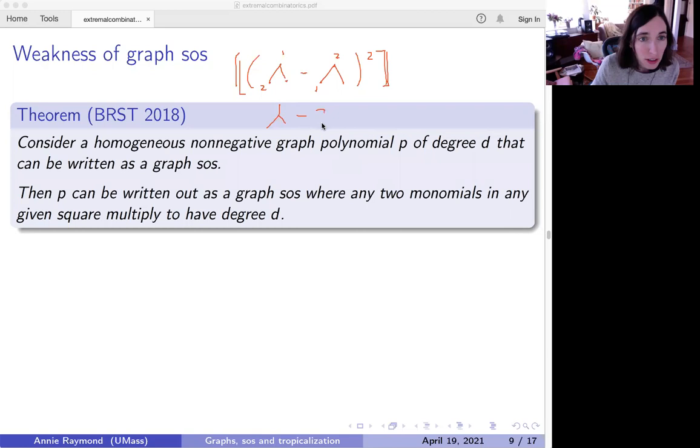Their dot product is going to be a path of length 3 plus, again, a star for the square of the second term. So all of these terms have 3 edges. So that's allowable.